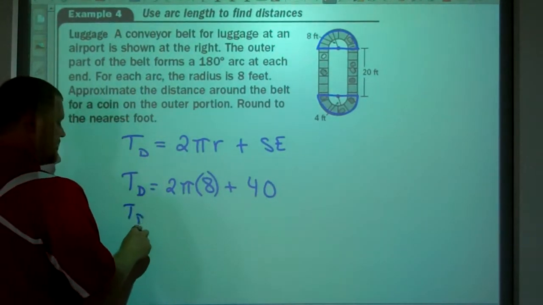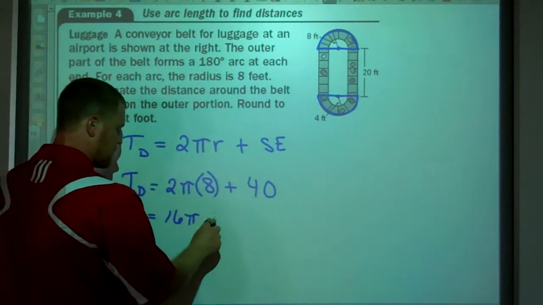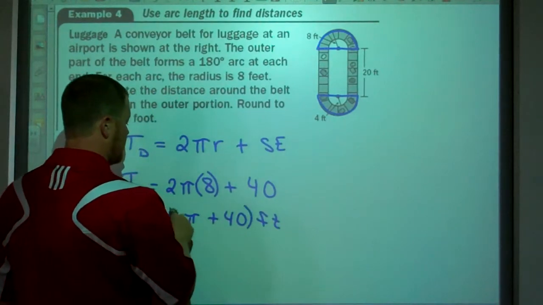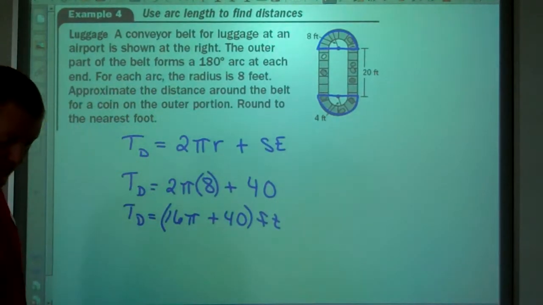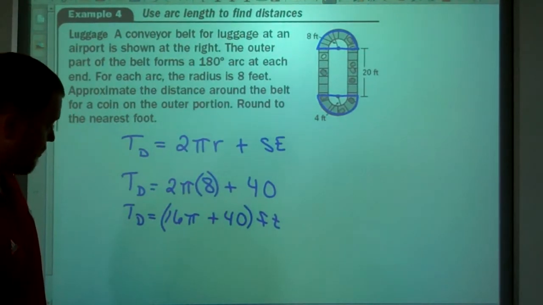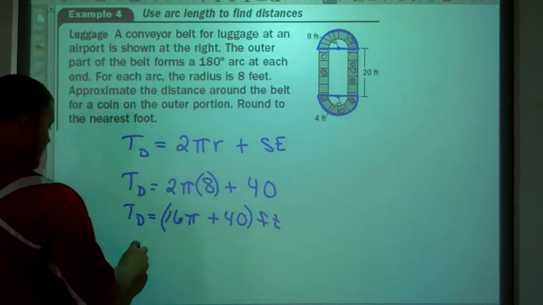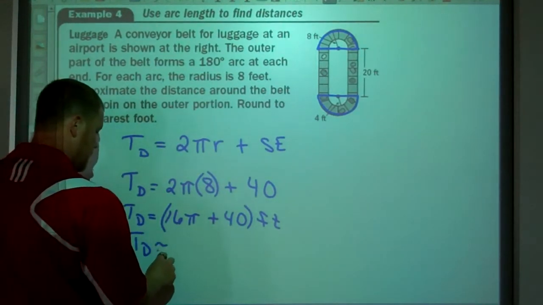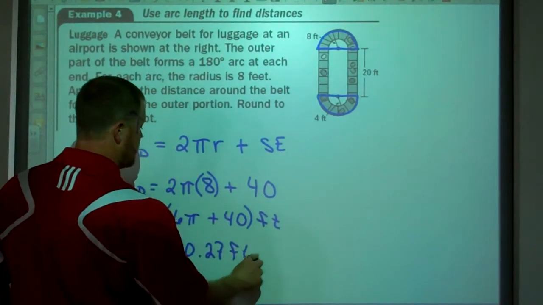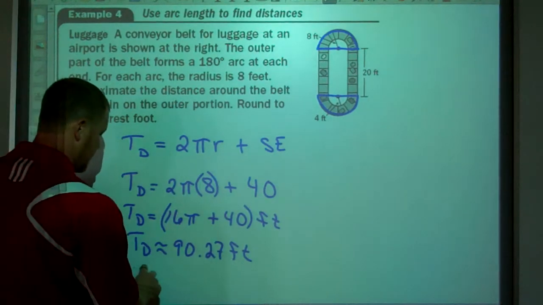So the total distance is going to equal 16 pi plus 40, and that's feet. That would be the exact answer. Or you take 16 times pi, and then plus 40, we get 90.27 feet. Round to the nearest foot, so it's about 90 feet.